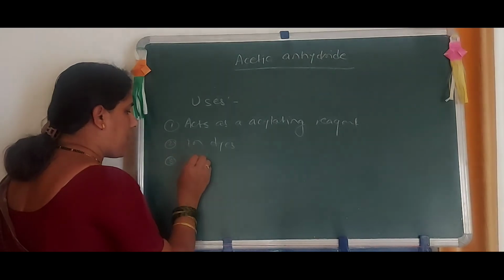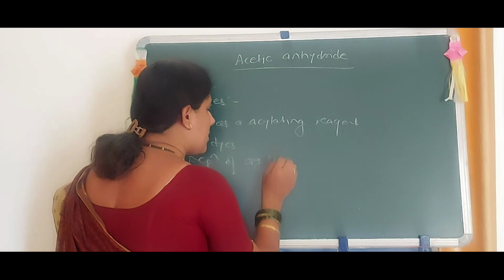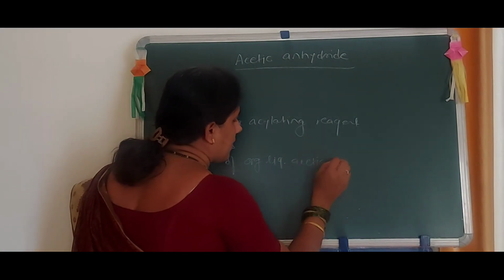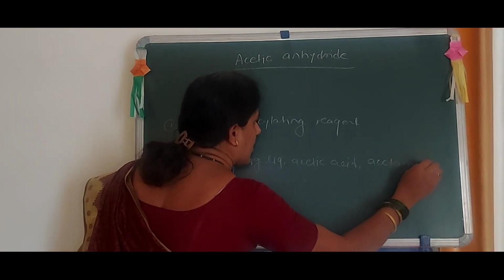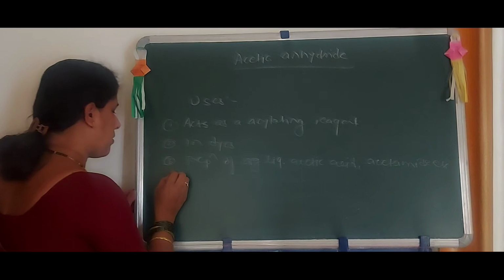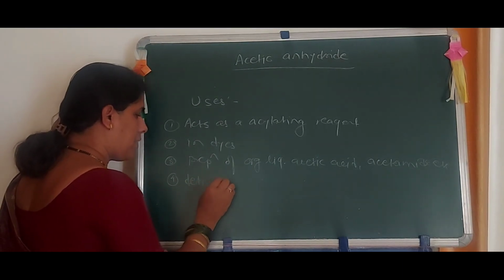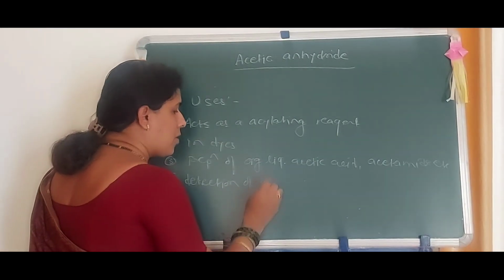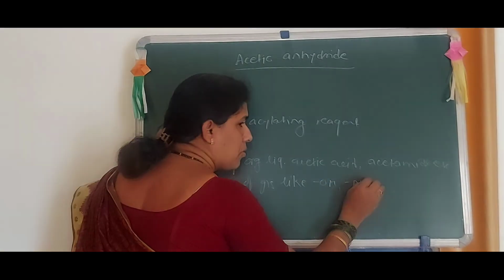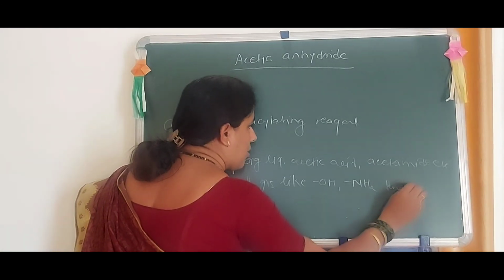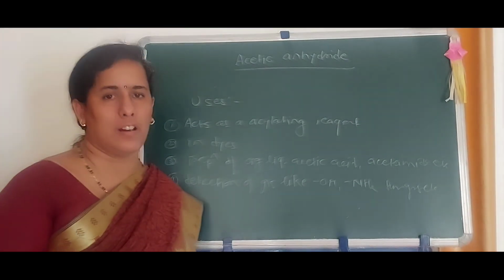Third, it is used in preparation of organic liquids, acetic acid, acetamides. Fourth, it is used for detection of groups like OH and NH2 as functional groups, etc. Thus these are the uses of acetic anhydride.